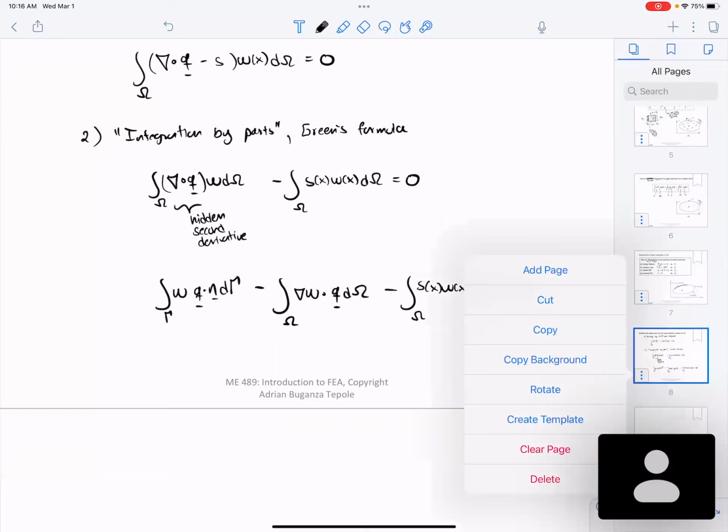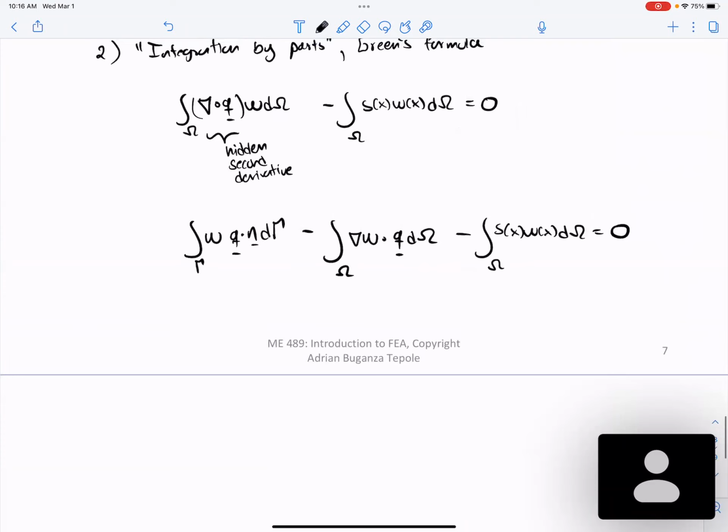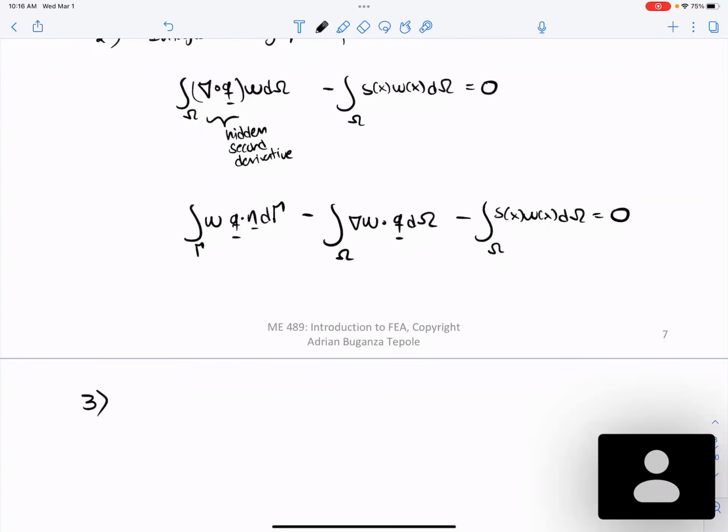All right, do I still have space? Yes. So what is the third step? So after doing integration by parts, what do we do? In 1D, what do you do? Boundary conditions, yes. So what exactly were the boundary conditions? We did something for the W, and what did we say in 1D? So what happens when we have essential boundary conditions?